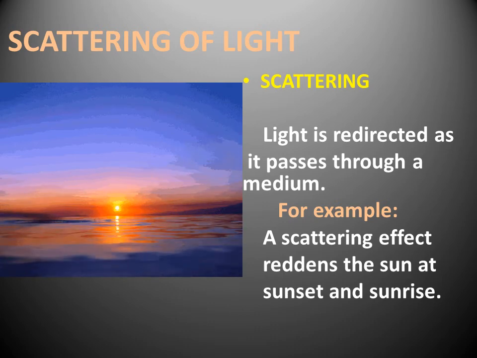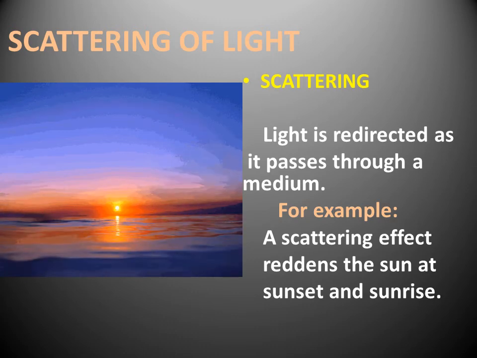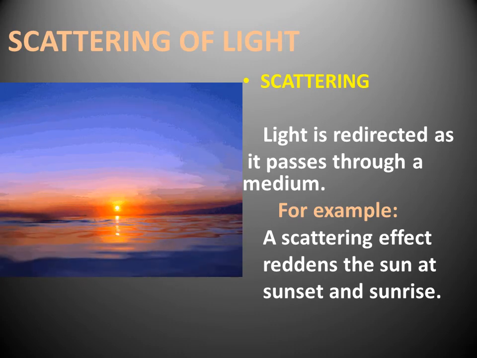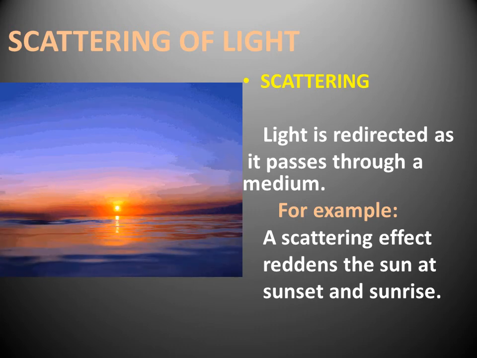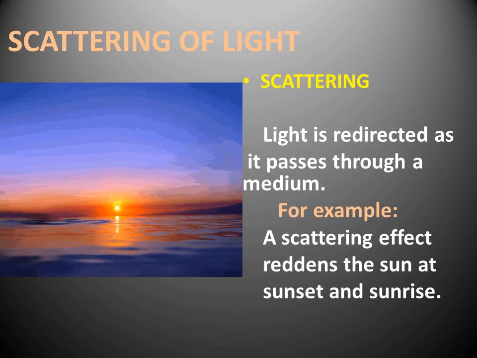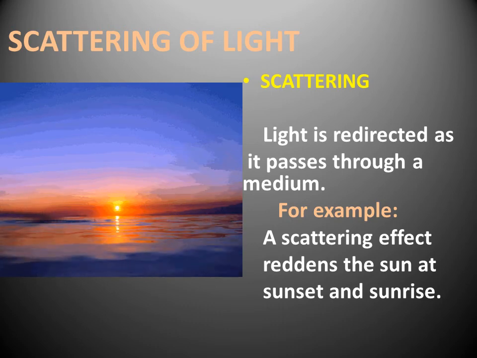Since Earth's atmosphere contains many molecules and other tiny particles, these particles can scatter sunlight. Most of the particles in the atmosphere are very small. Small particles scatter shorter wavelengths of blue light more than the light of longer wavelengths. Their molecules and tiny particles scatter the shorter wavelength colors.